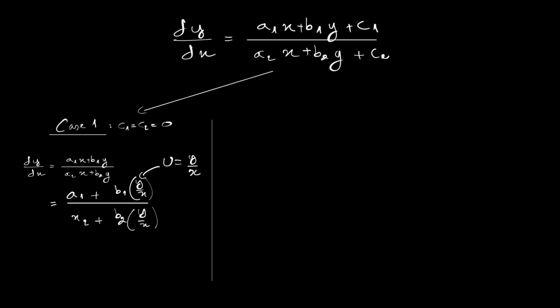Now, case 2, which is the parallel case. If the two lines are parallel, we are going to use a specific substitution. For instance, to see if the lines are parallel, we only have to calculate the determinant of this matrix.